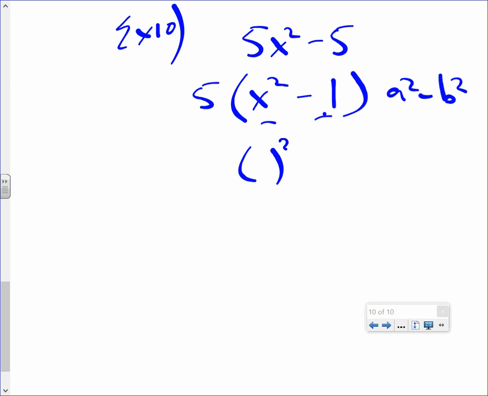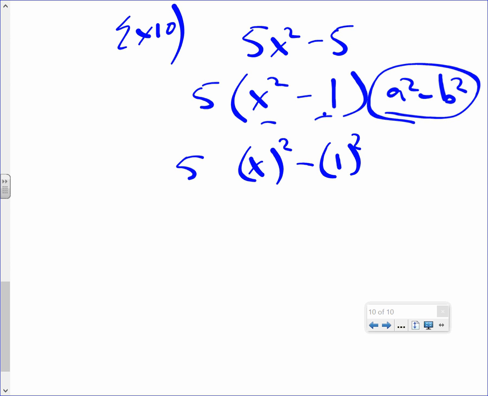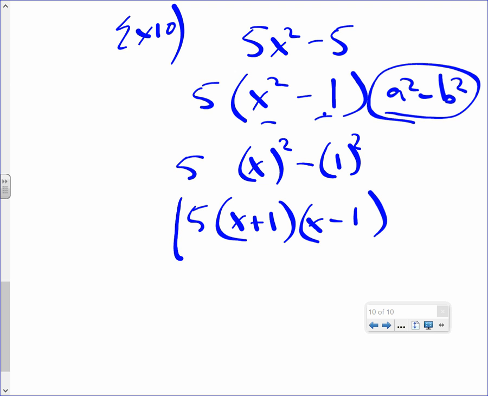Look at how I'm going to rewrite this as a squared minus b squared. x squared minus 1 squared. I'll bring on the 5. That's going to be my final answer. But right now I'm ignoring the 5. 1 to the second power is 1. So I have the a squared minus b squared pattern. Watch my binomials: x plus 1, x minus 1, and I'll bring down the 5.